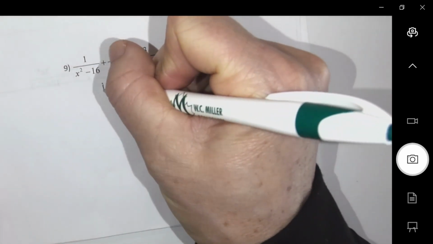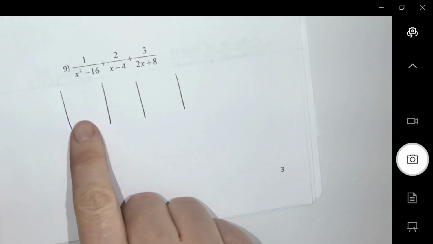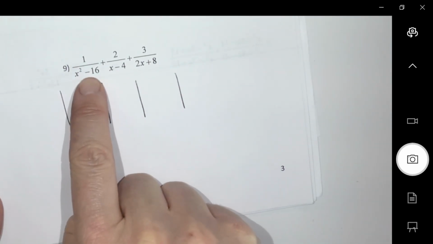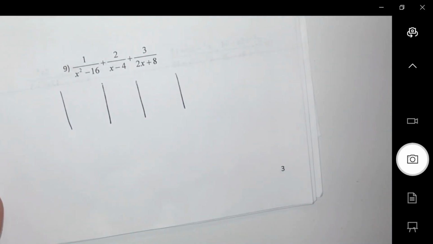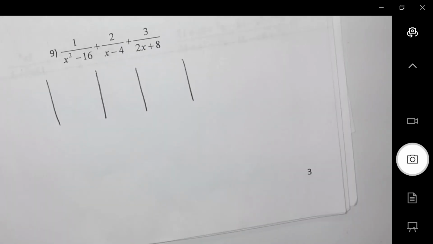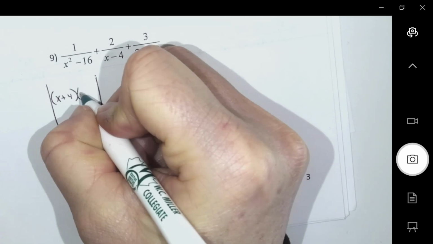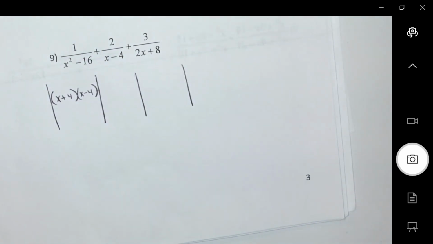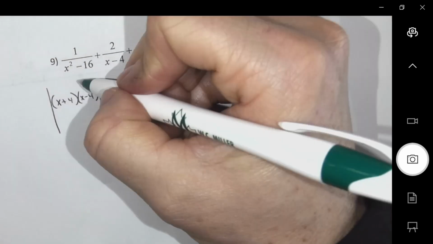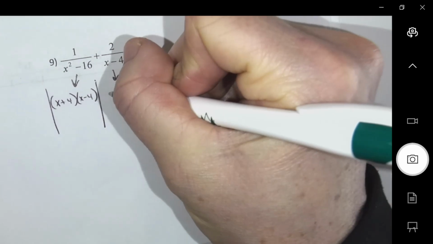Okay. First fraction. I want to do some work on that. Can you factor that first fraction? Difference of squares. Second fraction.